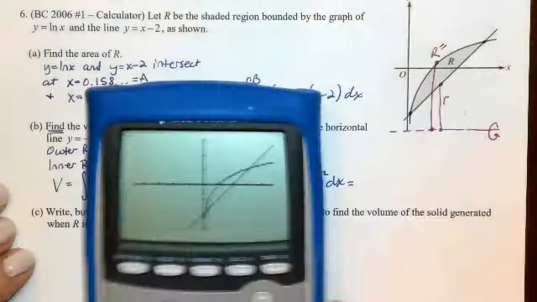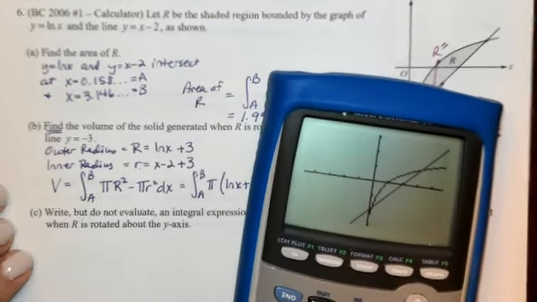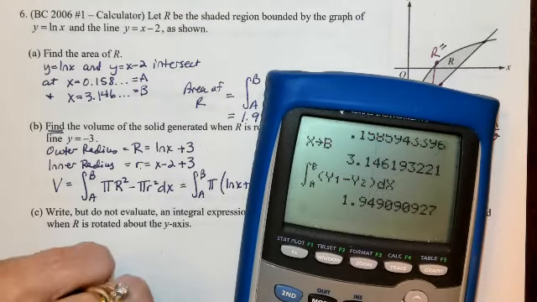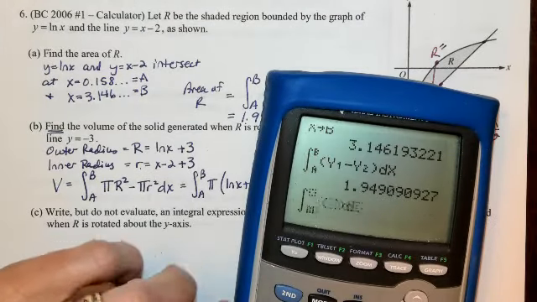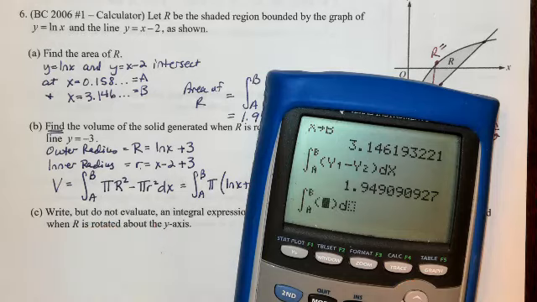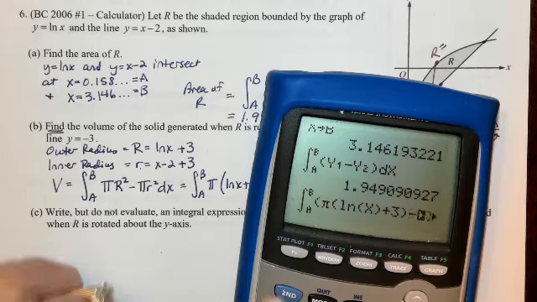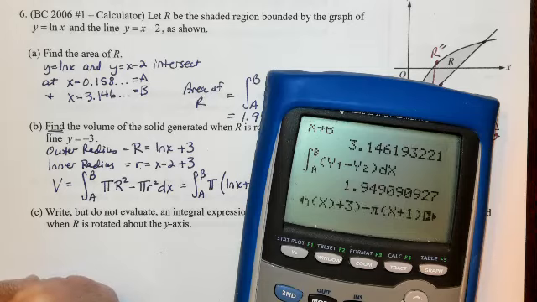So back to my calculator, and I go math 9, a to b again, of pi times ln x plus 3, minus pi times that x plus 1 squared.